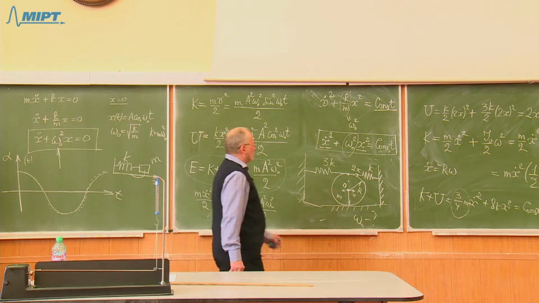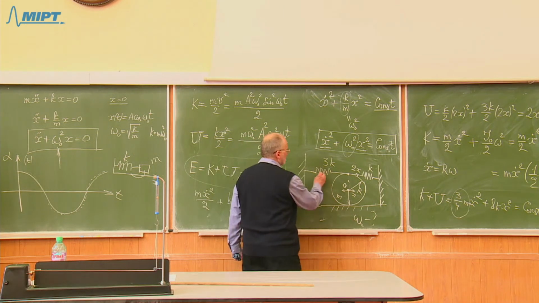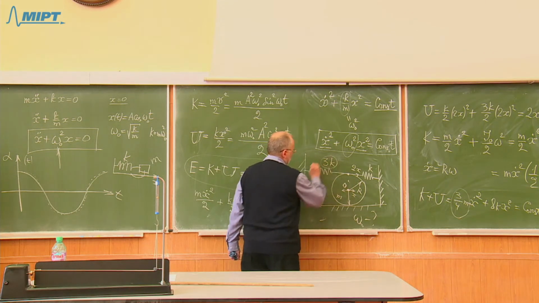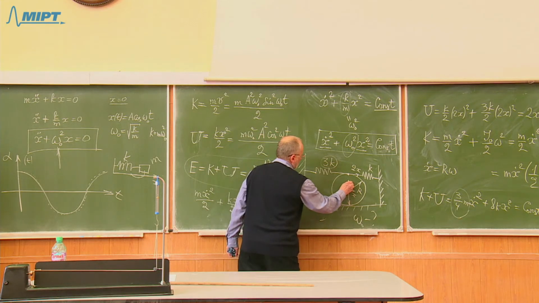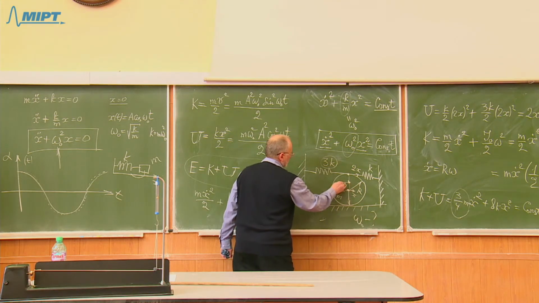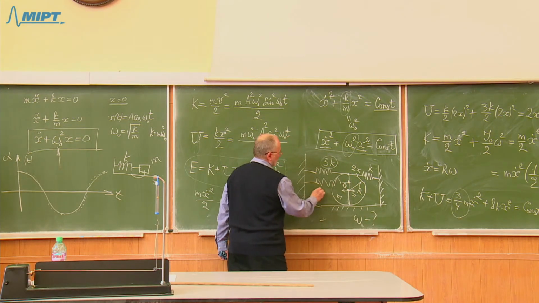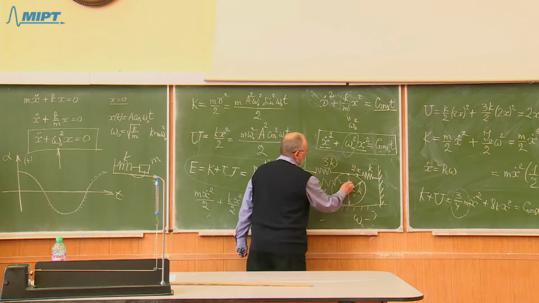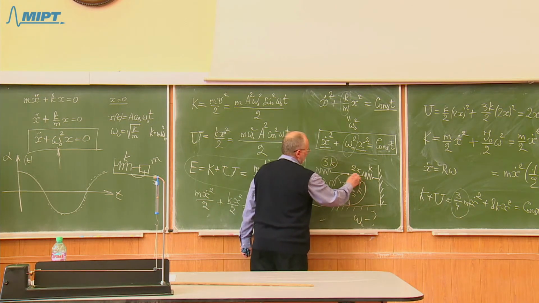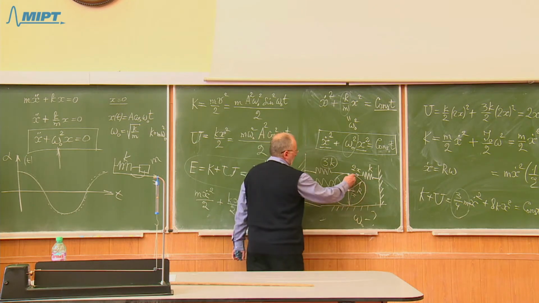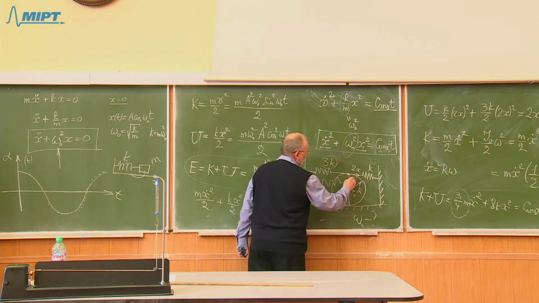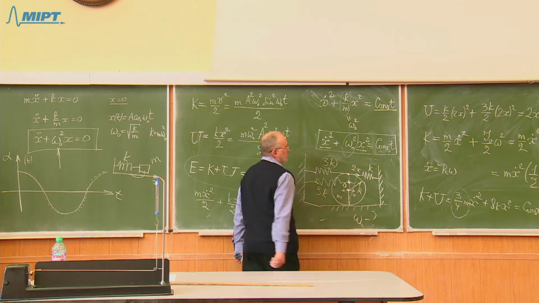And will the problem be much more complicated if this spring was attached to the middle of the radius here? Will it be much more complicated? No, because this point's displacement will be very simply related to the displacement of the upper point, as the displacement of the upper point divided by 4 multiplied by 3.